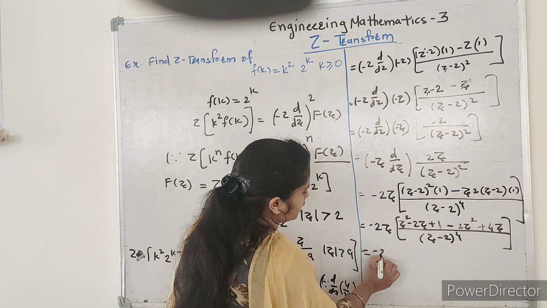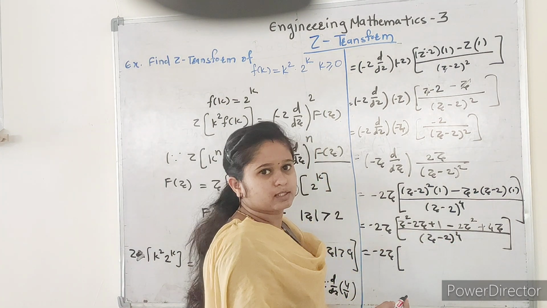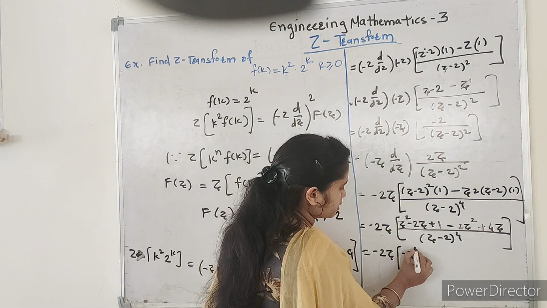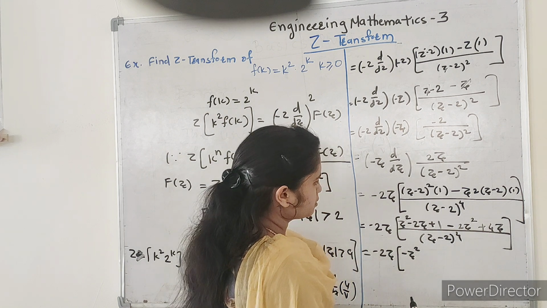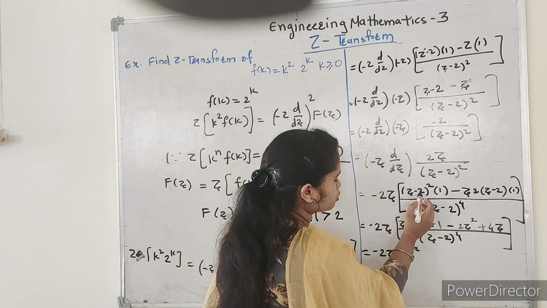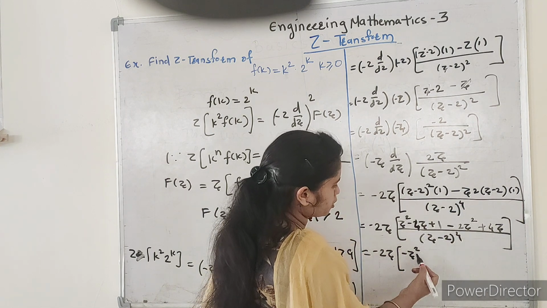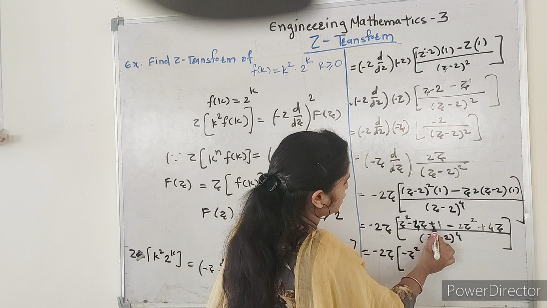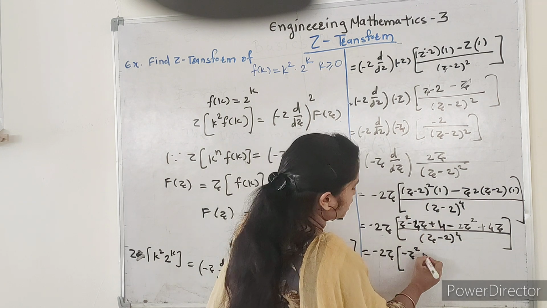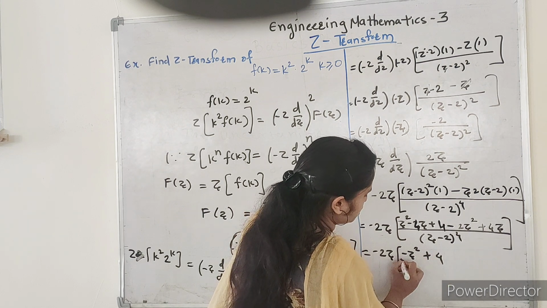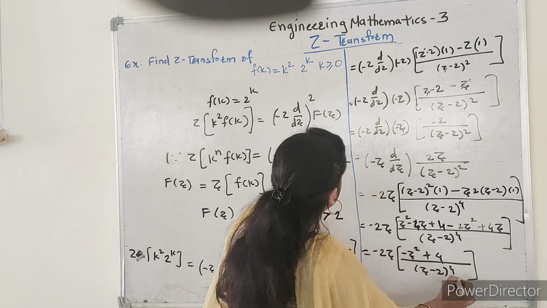Here minus 2z. Here z square minus 2z square is minus z square. Then minus 2z plus 4z is 4 plus 4 upon z minus 2 bracket square. Correct?